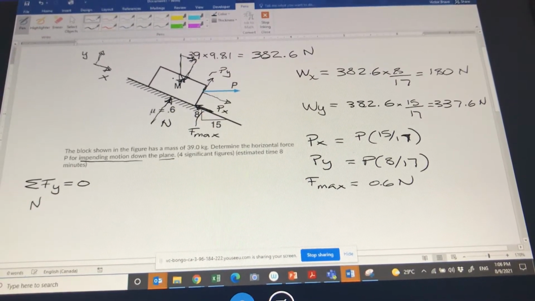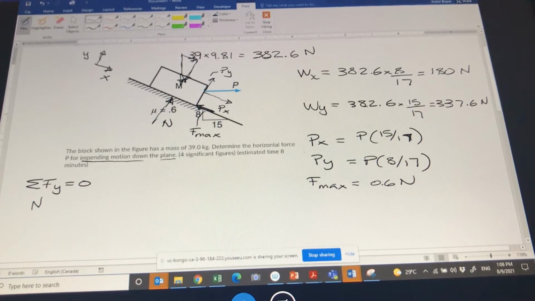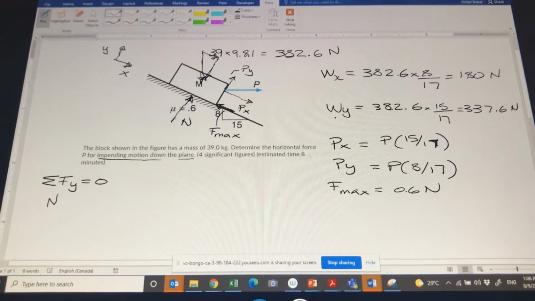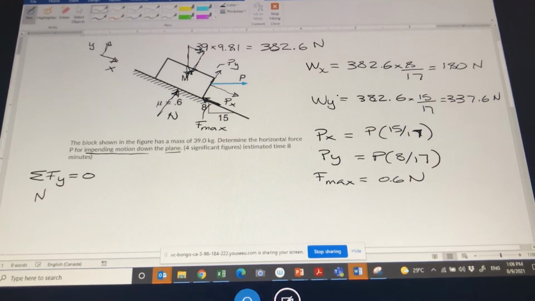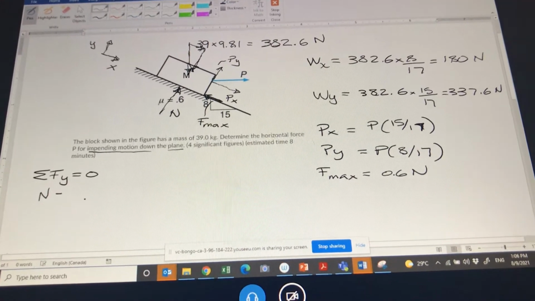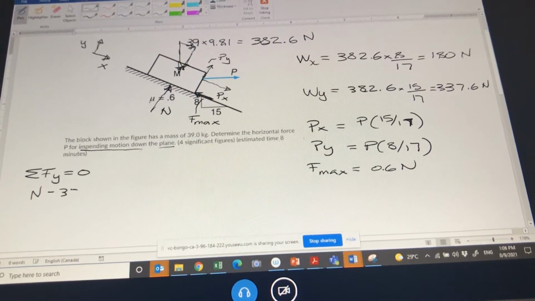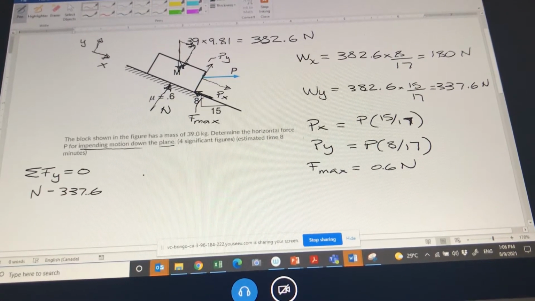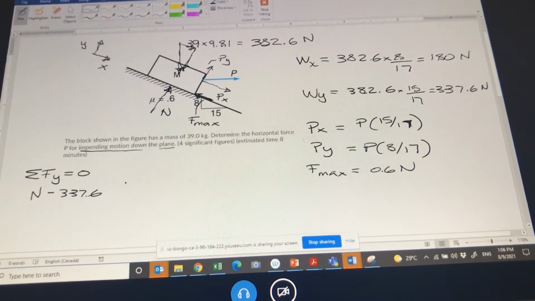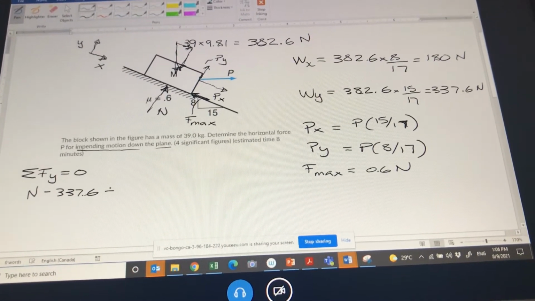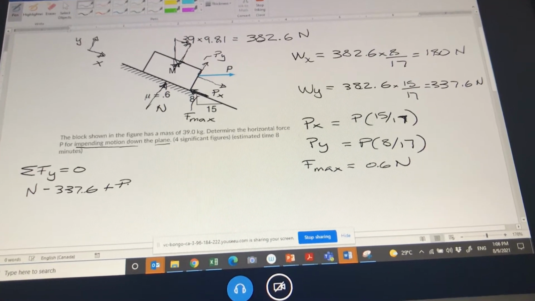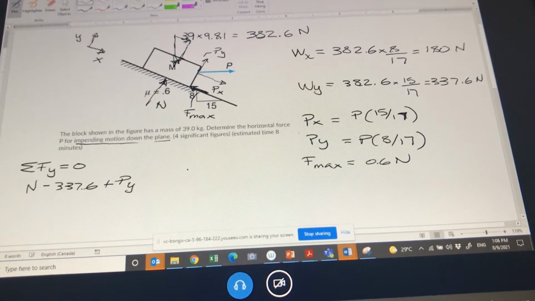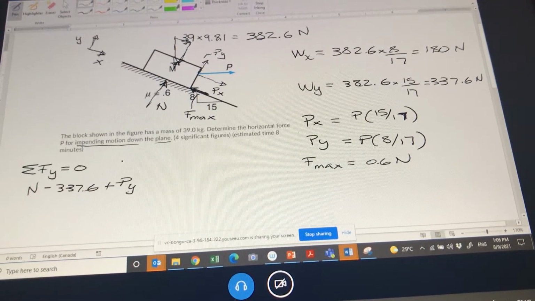Then you have the downward force, the component of the weight, which is what we call Wy, which is basically 337.6. Then you have yet another component, which is the component of P, which is Px. So it's going to be Py, sorry, not Px. It's Py. But we know what Py is. Py is a function of P, right?